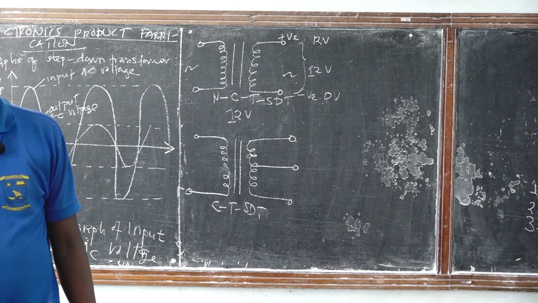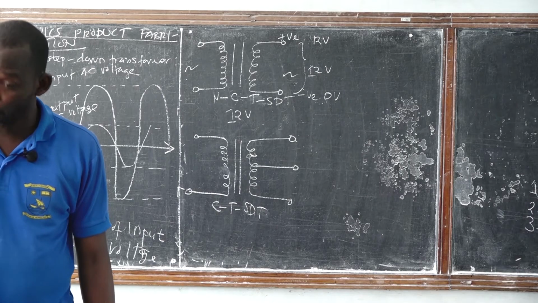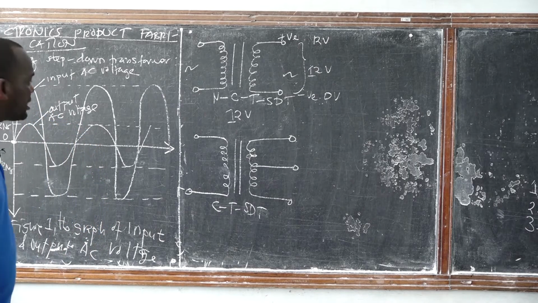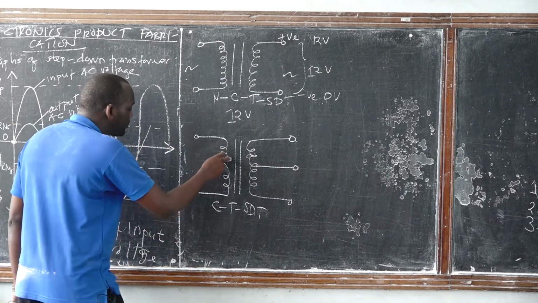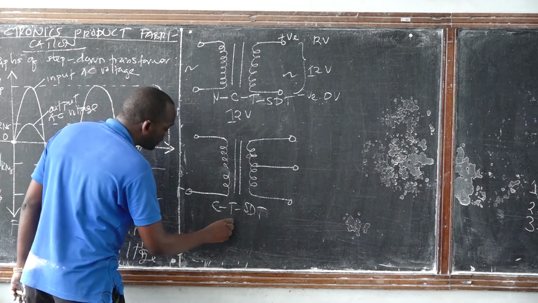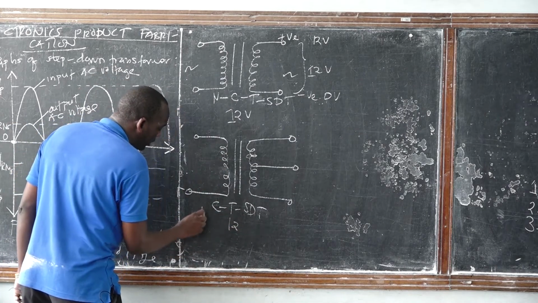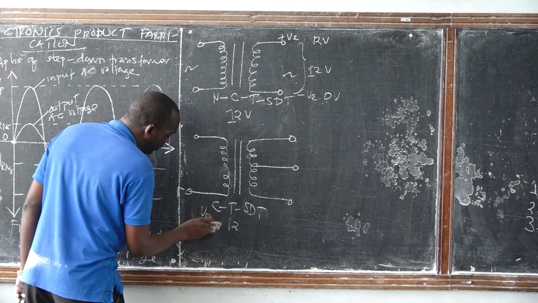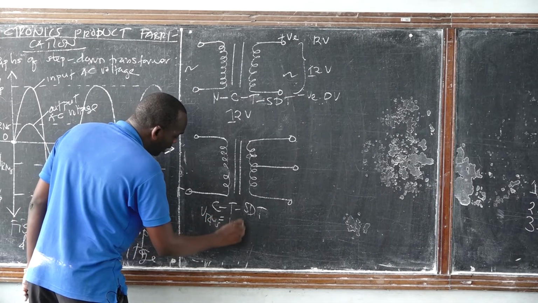Listen and watch. For this case, if you find a center-tapped step-down transformer, it has been written that it provides a root mean square voltage of 12 volts.